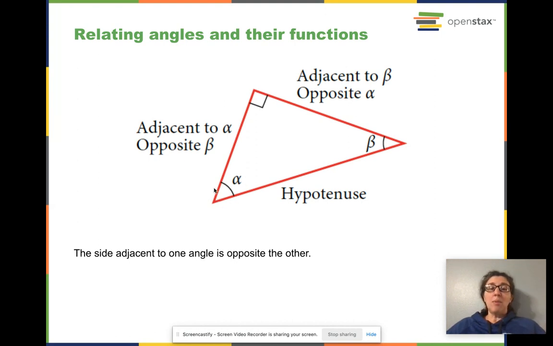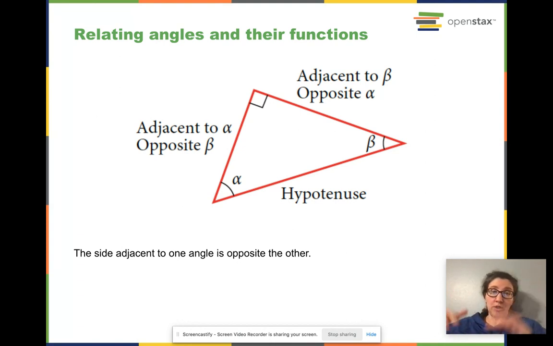So here, if we're talking about angle alpha, then this side is opposite alpha, and this side is adjacent. However, if we're talking about angle beta here, this side is opposite, and this side is adjacent. So there's nothing inherent to a side that makes it adjacent or opposite. It's all in relation to whichever angle we're talking about in the triangle.